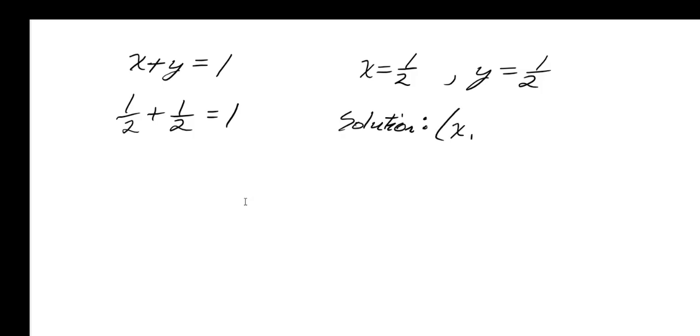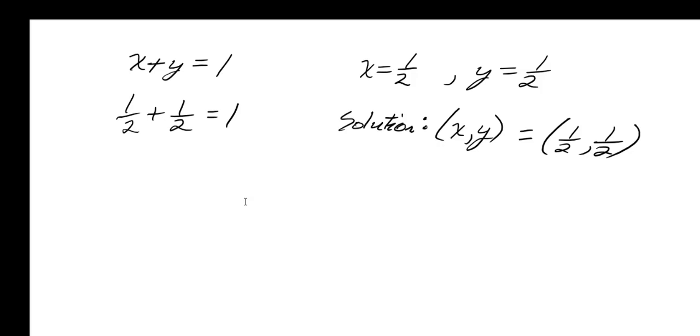But instead, we use what is called an ordered pair to express the solution. When there's two variables, we're going to use an ordered pair like this, similar to the graphing ordered pair. And so we would say that our solution is 1/2 comma 1/2. Now, is that the only solution? Can you think of another pair of numbers that you could put into x and y so that this equals 1?